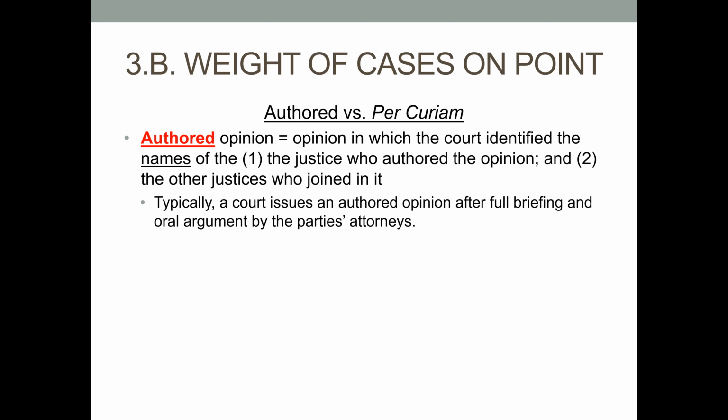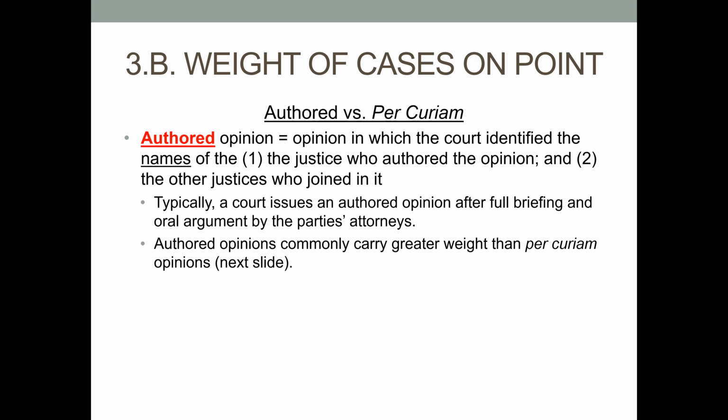parties have filed full appellate briefs with the court, with their citations to law and arguments and so forth, and typically after the court has conducted oral arguments where the lawyers can appear before the court in a strictly timed session and make their best case orally to the court for their clients and field any of the justices' questions.